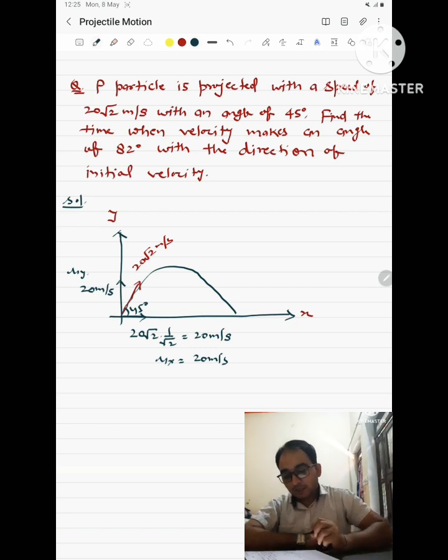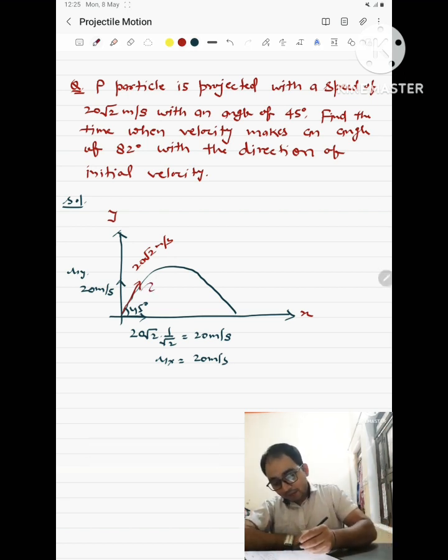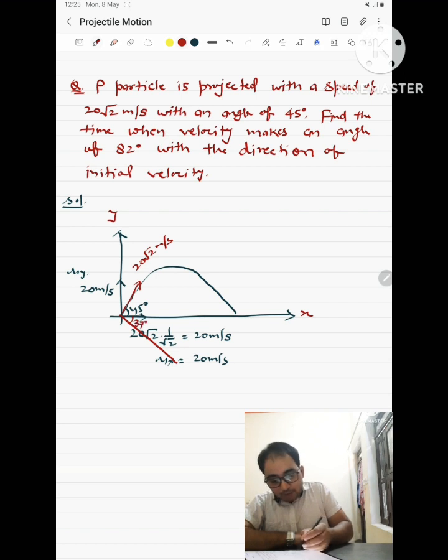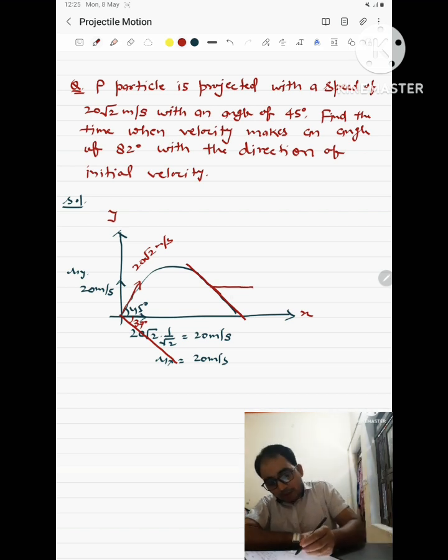Now the question is, find the time when the velocity makes an angle of 82 degree with the initial velocity. 82 degree means 45 is this one, and the angle will be like this. So this angle will be 37 degree, and it will make somewhere here, and when the particle reaches here, the velocity direction is this.